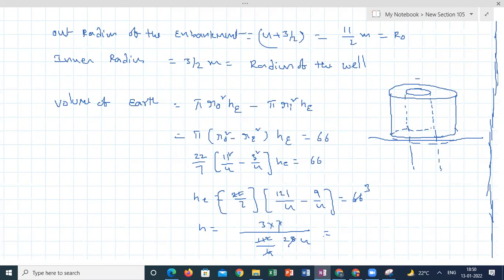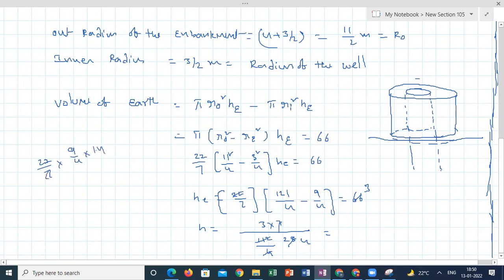Pi times 11 by 2 whole square minus 3 by 2 whole square is equal to pi times 3 by 2 whole square into 14. This is 22 by 7 into 9 by 4 into 14. Yes, here we missed.